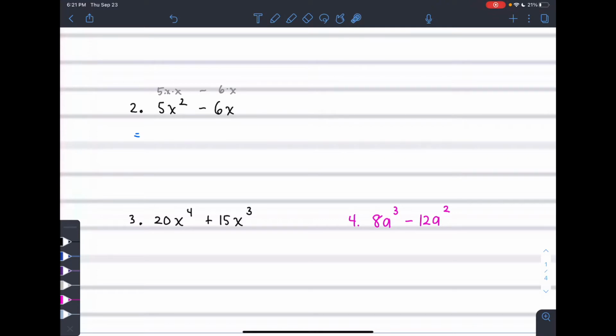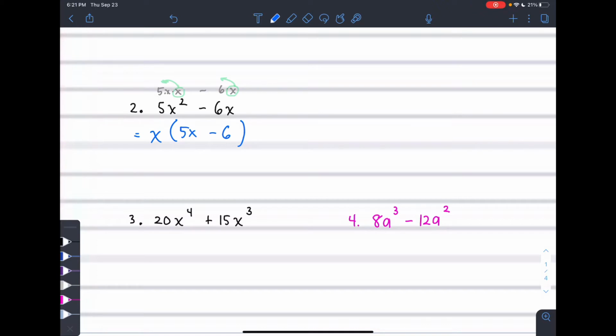If you compare the x part to each other, I see that I can pull out 1x from both. That x will become my GCF. That's the only thing they have in common here. So what's left over in our binomial? We get 5x minus 6.